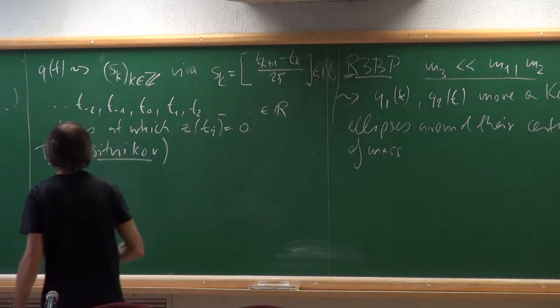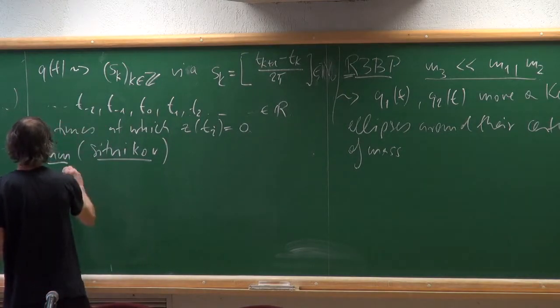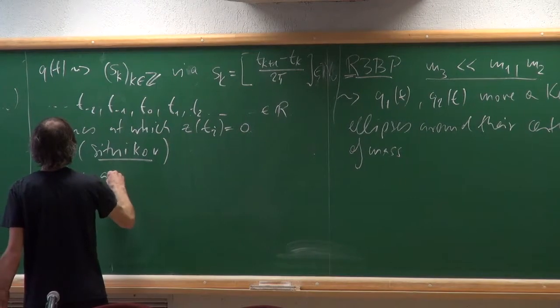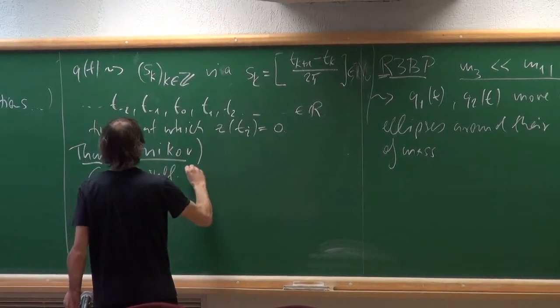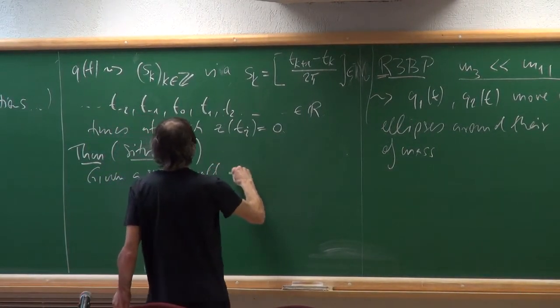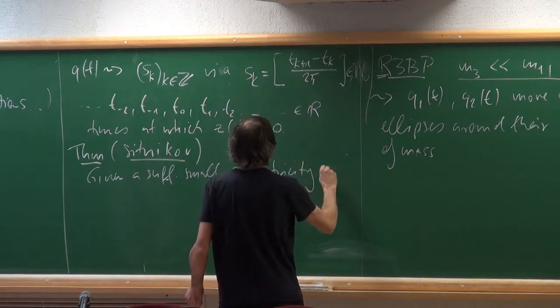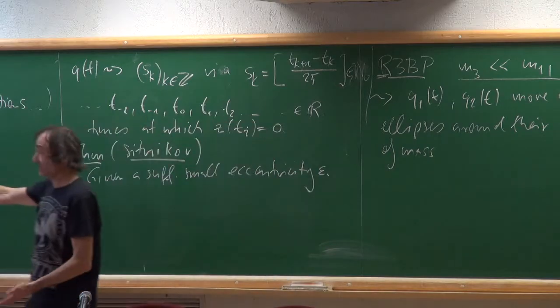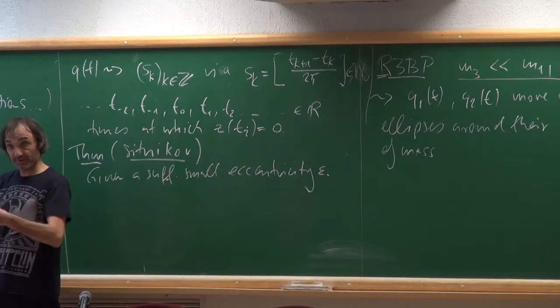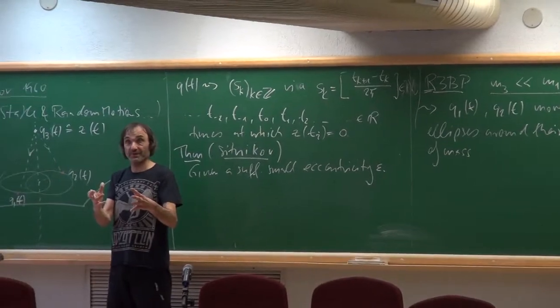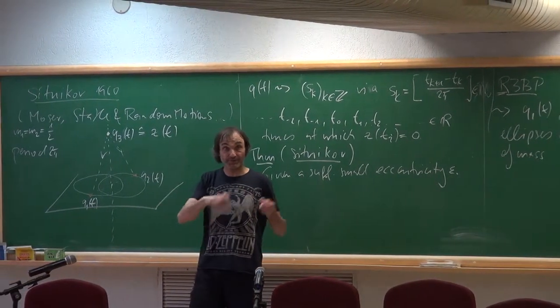Given a sufficiently small eccentricity. Eccentricity means the deviation of the ellipse from being a circle. I had introduced it before in the two-body problem.